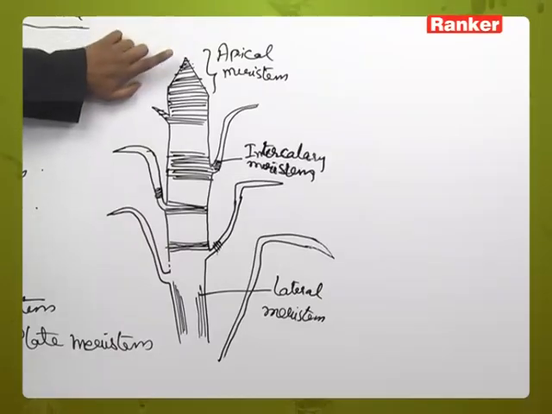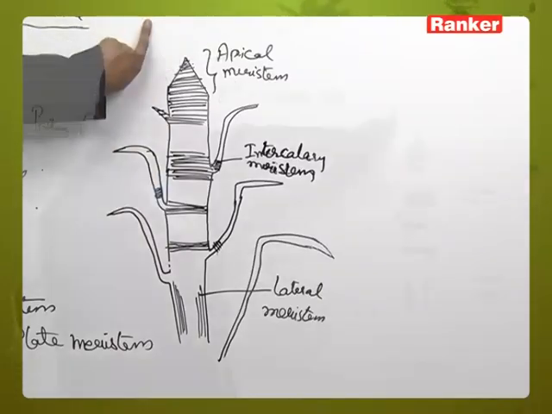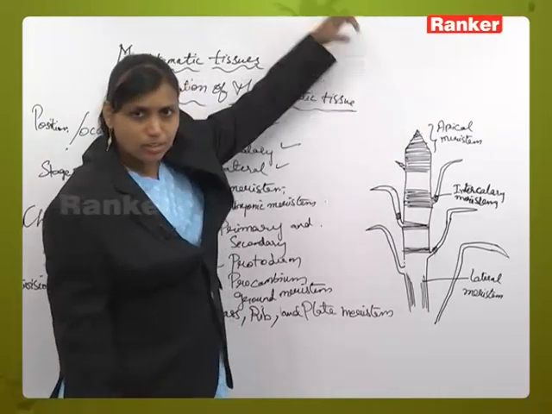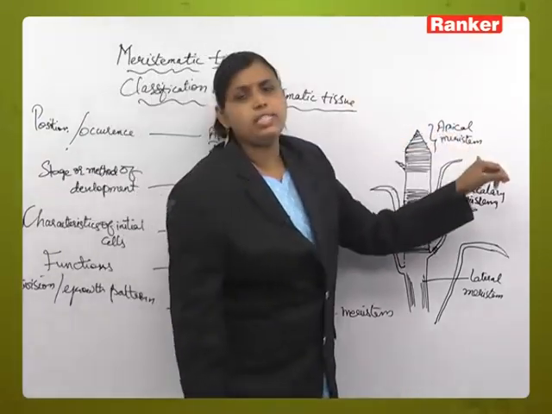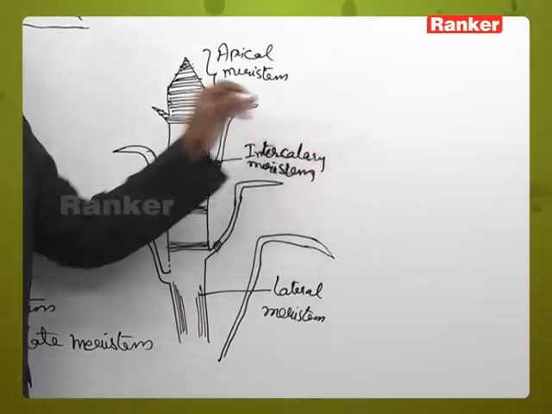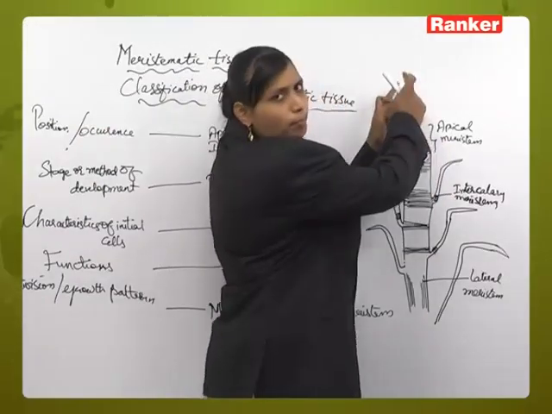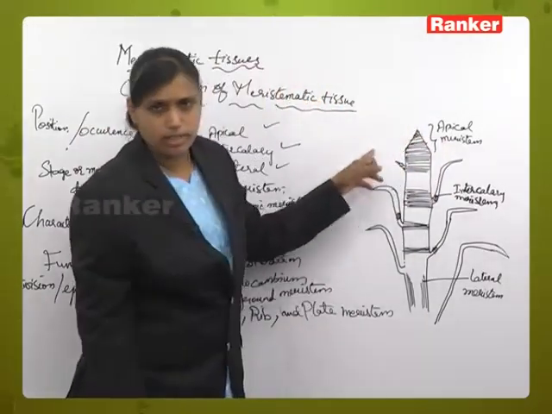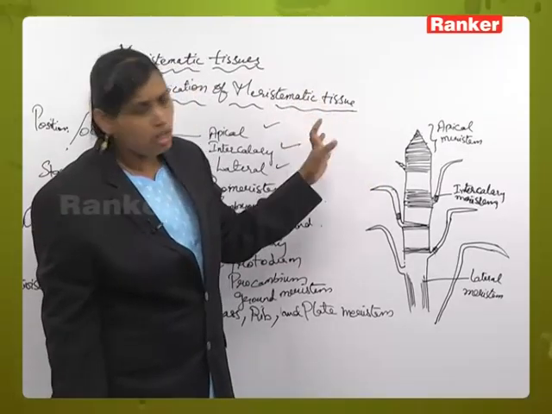So, the tissues or the meristems which are present towards the apex, which help in the increase of the length of the plant body, those are called apical meristems. As the diagram depicts, it is towards the peak point or at the apex point. It may be either shoot or root or leaf.